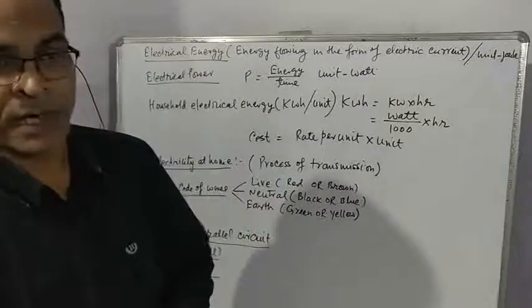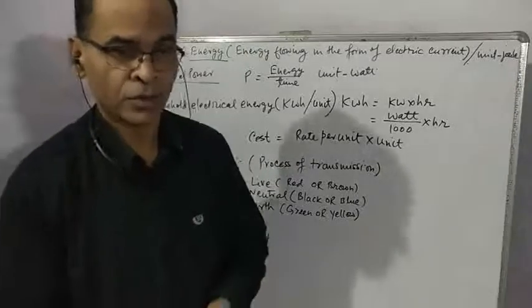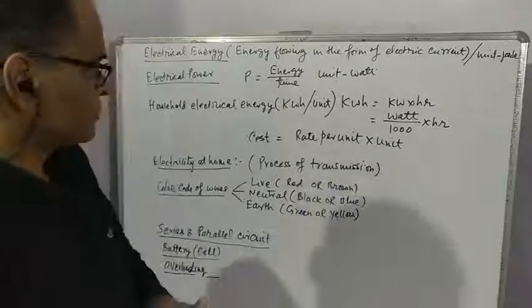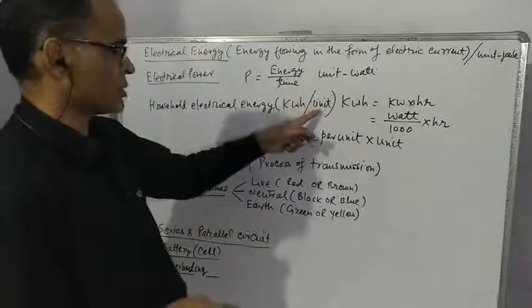The unit in which electricity is sold is called kilowatt hour, and it is also called a unit.